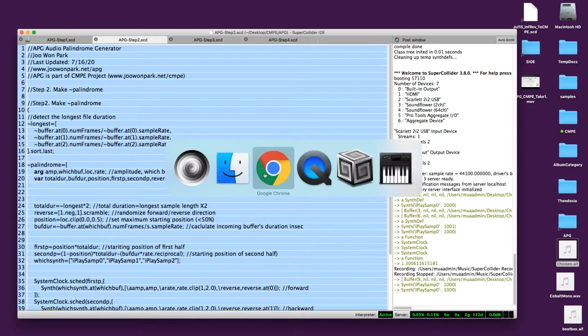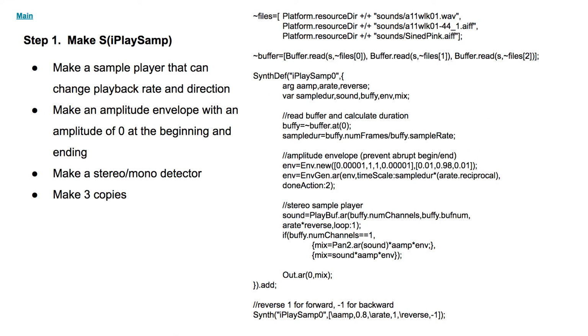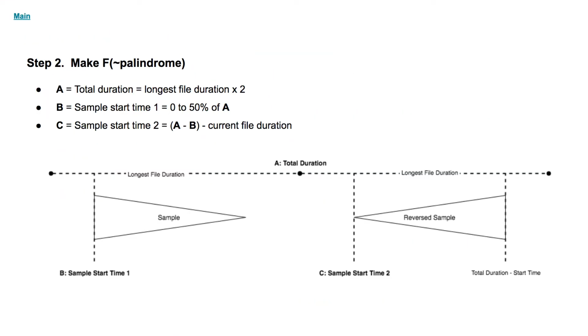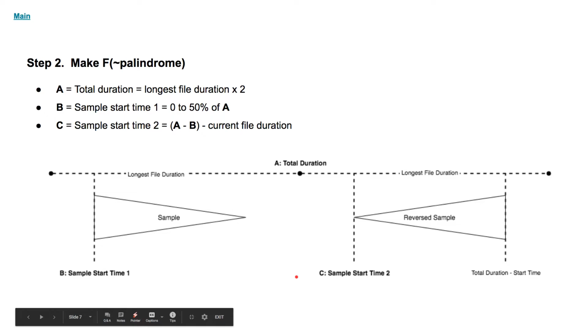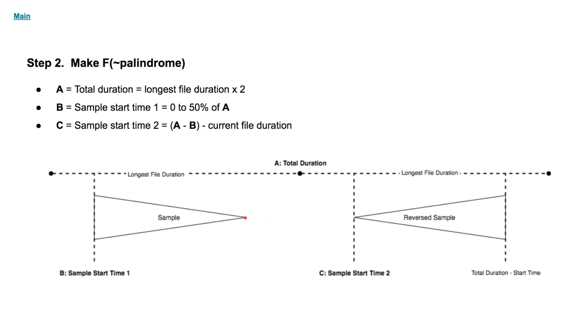Now we calculate the timing. So the goal is to have a palindromic position, meaning that from the midpoint of the total duration of this palindrome, the ending of the first sound and the beginning of its reverse sound should be equidistant from the center in terms of the timeline.